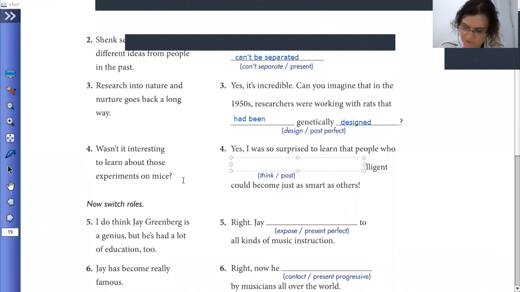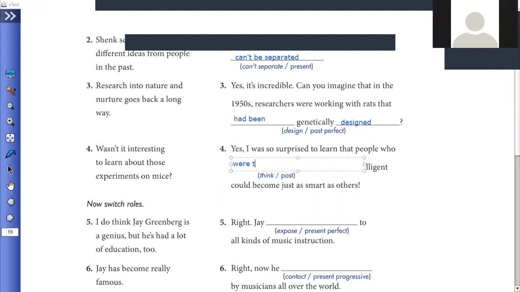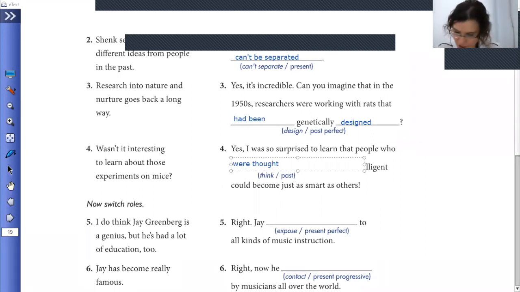So the past verb be is was or were. You look at here, people is plural, so it is? Were. Yeah, were, and then can you use the verb of think? Thought. Think. Very good. Thought. Awesome. That's good. Well done.